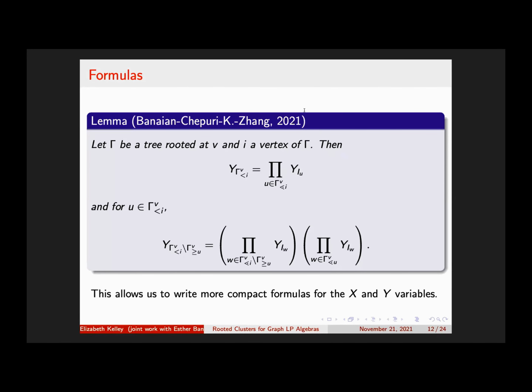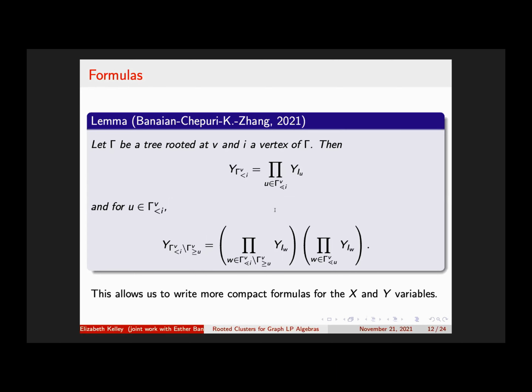So, okay, the first formula is basically saying that if I look at the y variables for certain subsets of vertices, I get things that look like products of y variables in my rooted clusters. And so the thing that I want you to notice here is that these are going to have positive integer coefficients because they're just products of variables in my cluster.